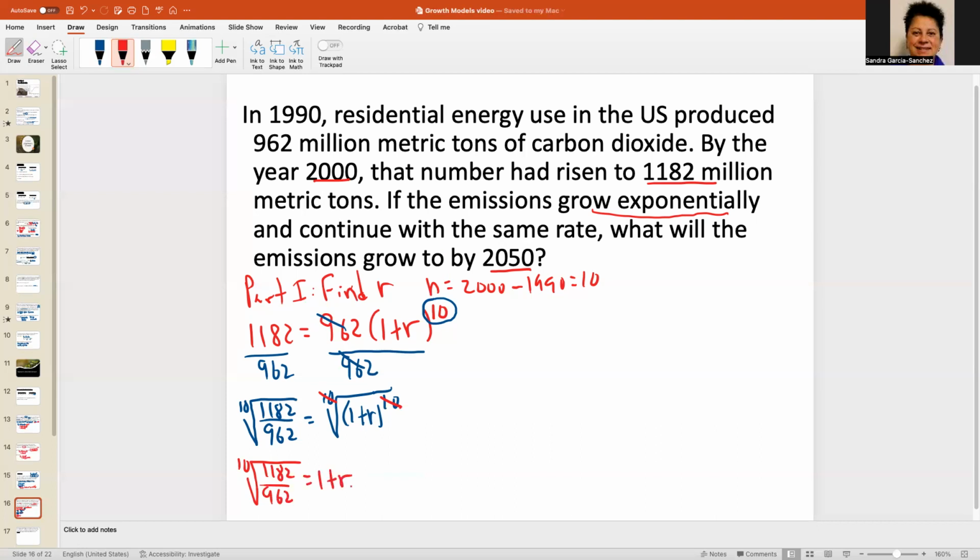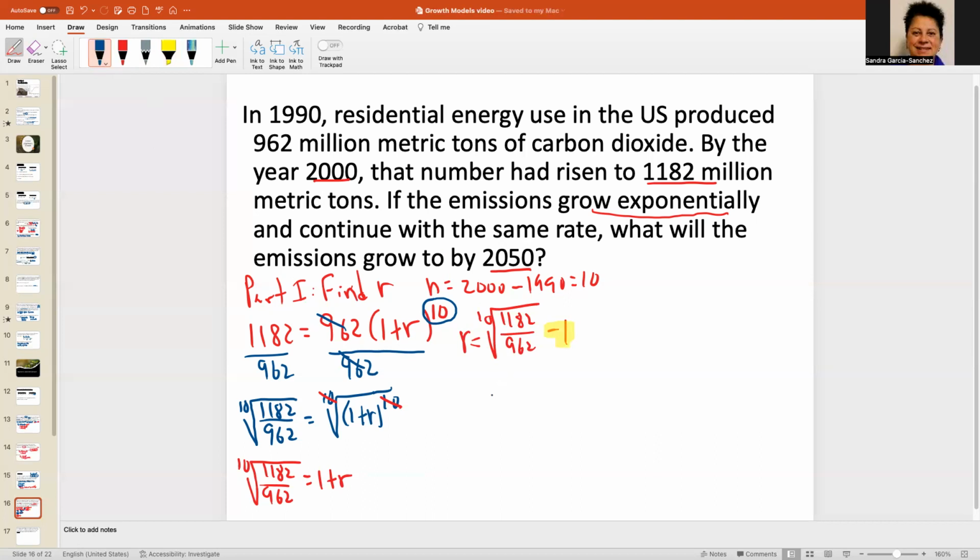So the last step that I need to do is to move the 1 to the left side. So R is going to be the 10th root of 1182 divided by 962 minus 1. Now be careful, when you put this in your calculator, be sure this minus 1 is outside the radical.